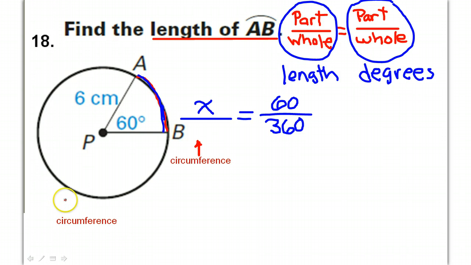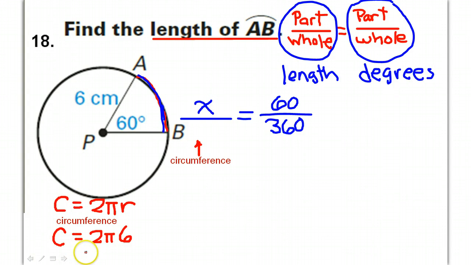Please remember, the formula for circumference is 2 pi r, or pi times diameter, but we don't know the diameter, we know the radius. So I'm going to use circumference equals 2 pi r. So in this case, that's going to give me 2 pi times 6, because 6 is the radius.